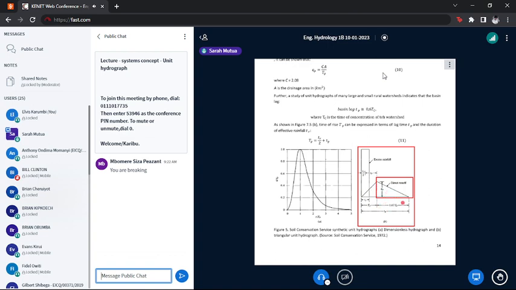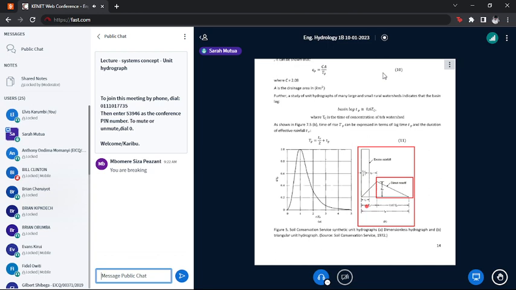Of course, we have already seen the correlation between QP and TP, but what about the other part of the hydrograph? Because the total base time of the hydrograph is TP plus the falling limb, and they have estimated that this part can be estimated by 1.6 multiplied by TP.